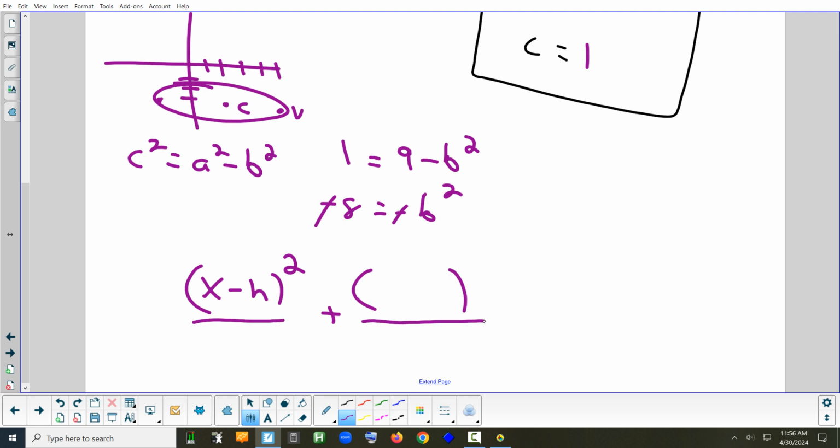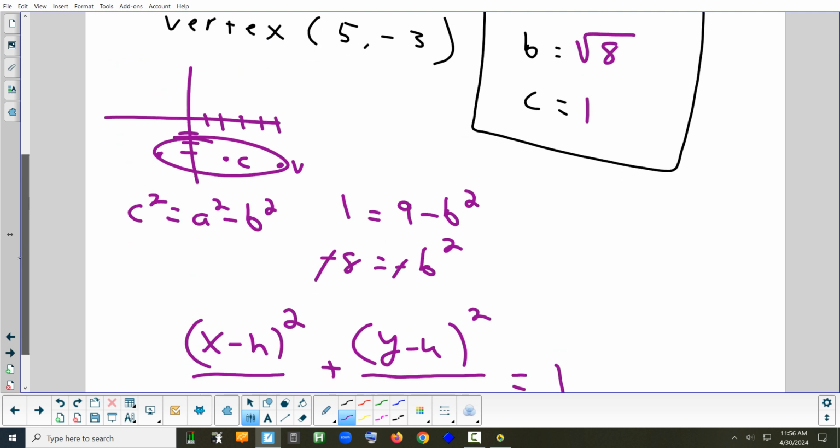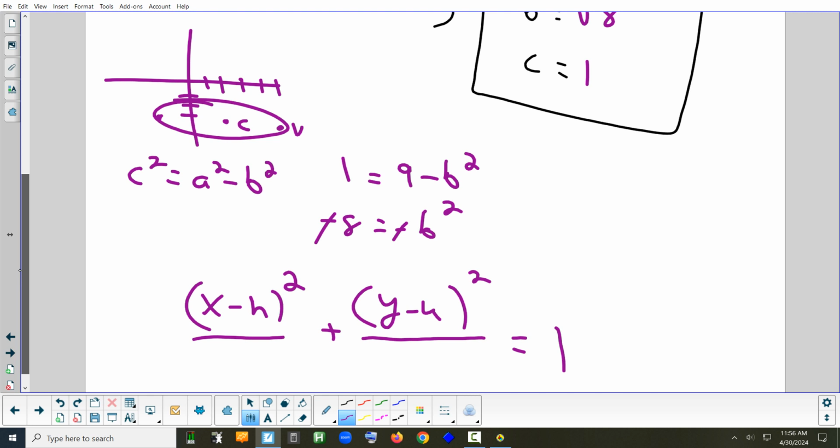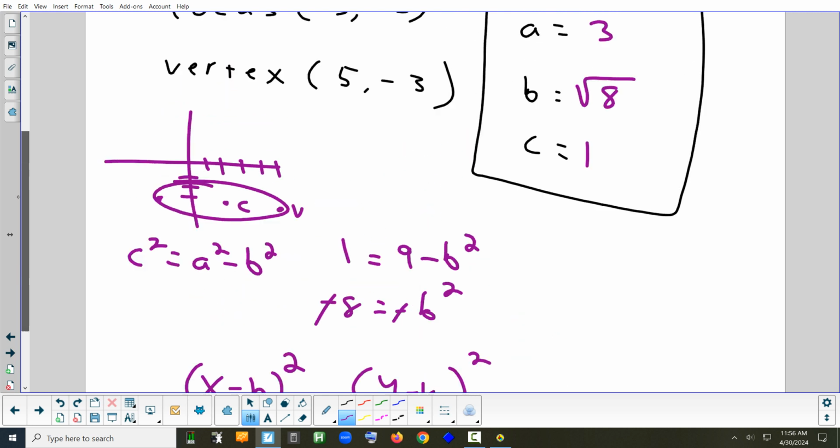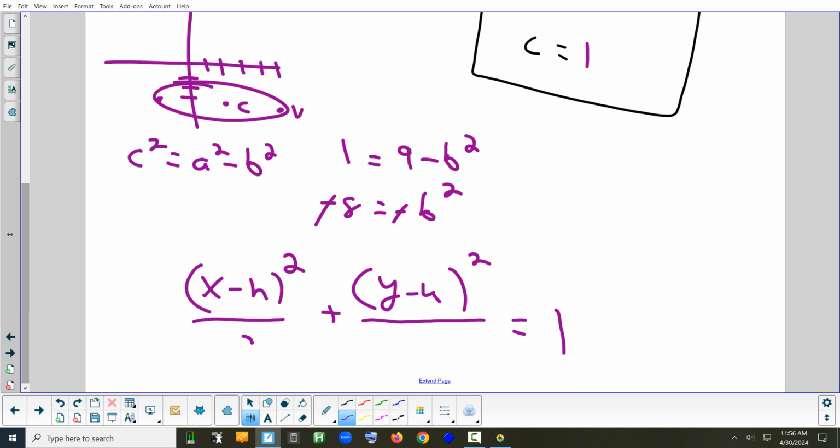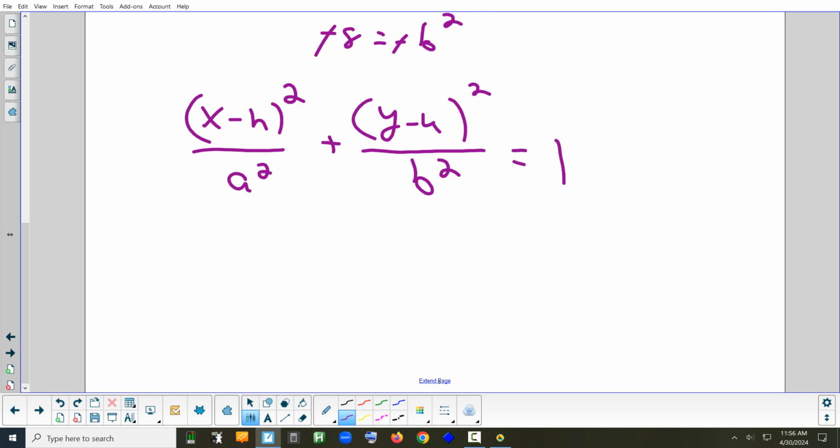Yeah, that stays the same. What's it going to be equal to? Yeah, 1. Now we want it to go horizontal, so what letter are we going to put a squared under? Yep. A squared goes under x. Actually, I'll just write it first with letters. Now we'll fill it all in.